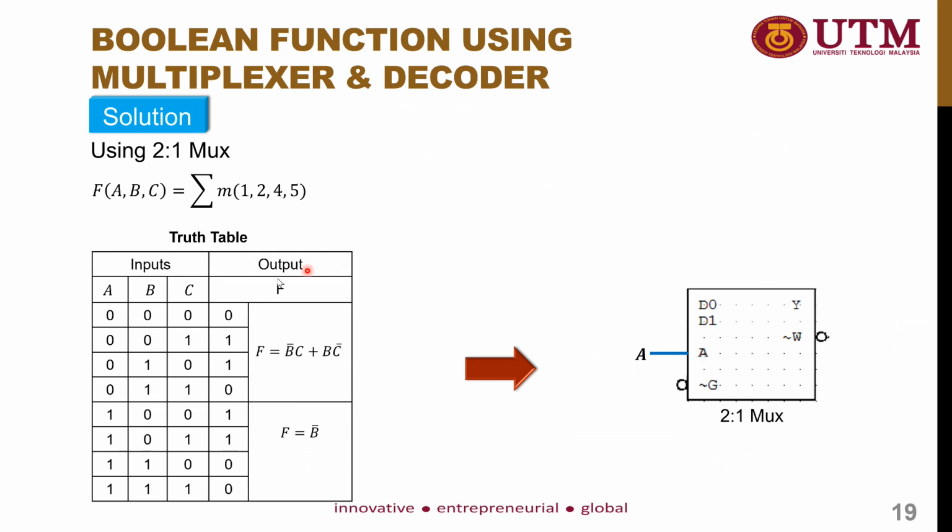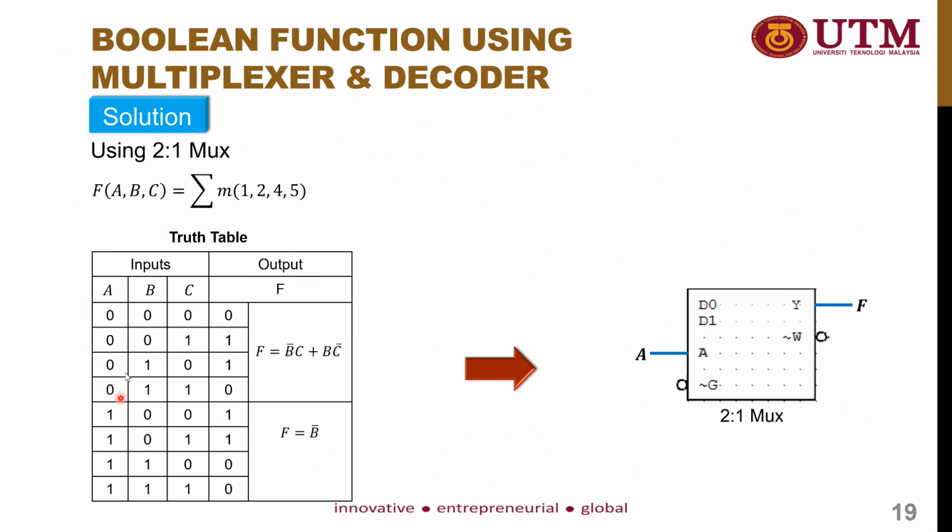And we have output F, which will be directly connected to the active high output Y. And then, in order for us to draw the 2 to 1 multiplexer circuit, you need to know how this circuit works. When A is equal to 0, Y will select D0 as the output.